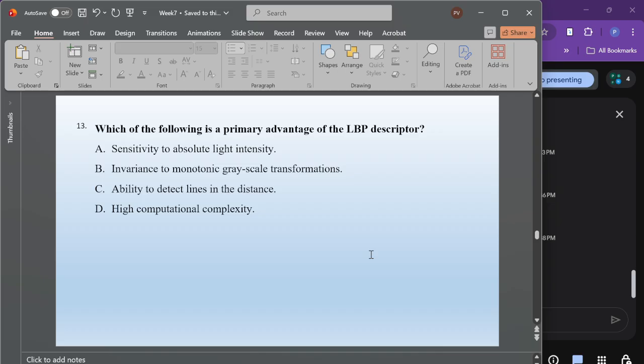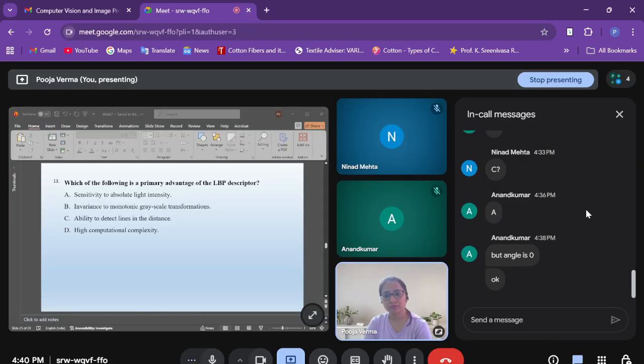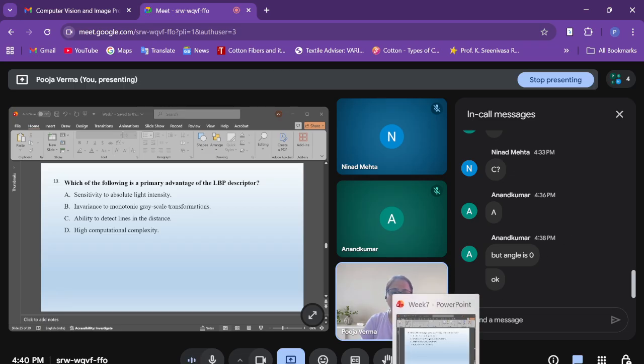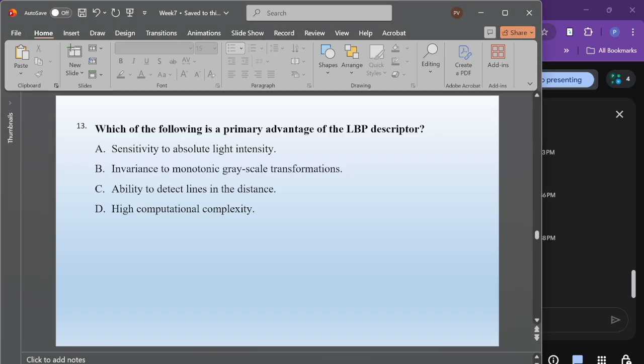Which of the following is a primary advantage of the LBP descriptor? Any idea which option can be the correct one? Okay, so let's see the solution here.